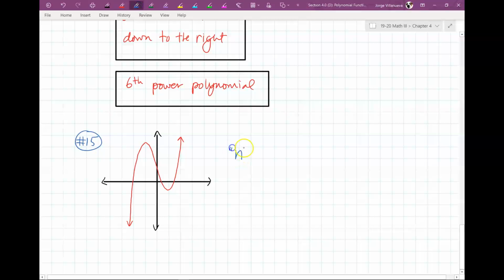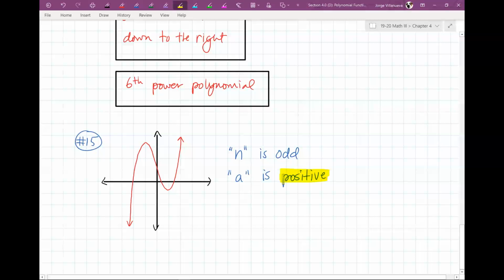So I'm going to put n is odd. Now, since it goes bottom left to top right, what's my a term? Is it positive or negative? Again, you're looking at your definition. What was it? Positive. Okay, it's positive.